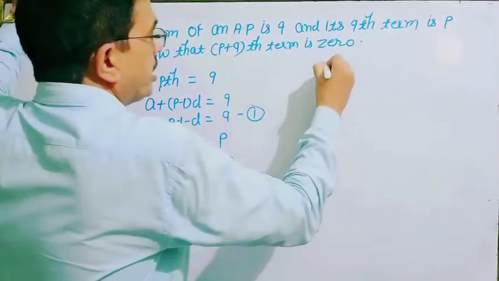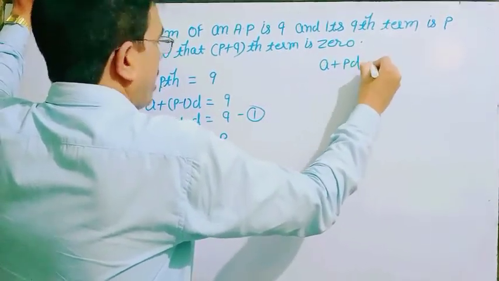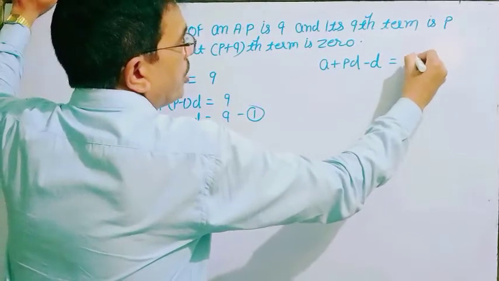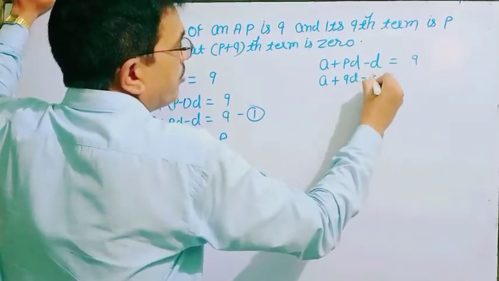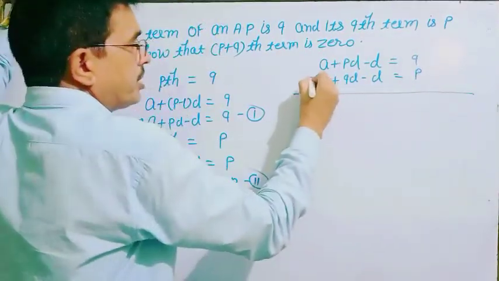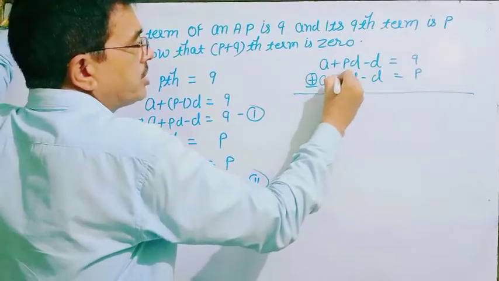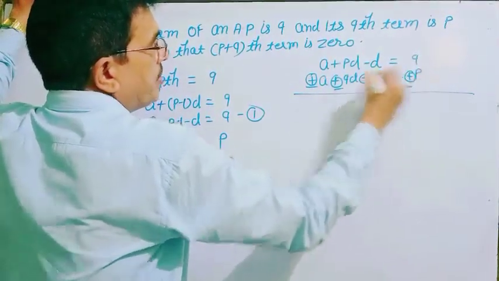First equation is A plus PD minus D is equal to Q, and second equation A plus QD minus D is equal to P. Subtract it: plus here, minus there; plus minus here minus, then plus here plus, then minus.